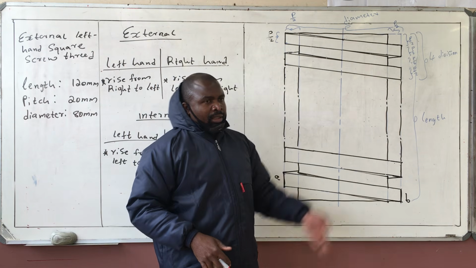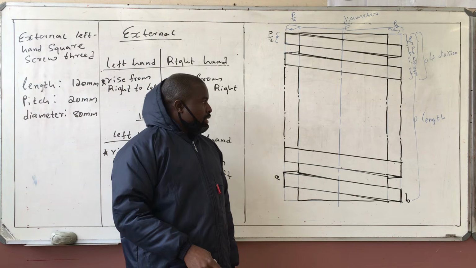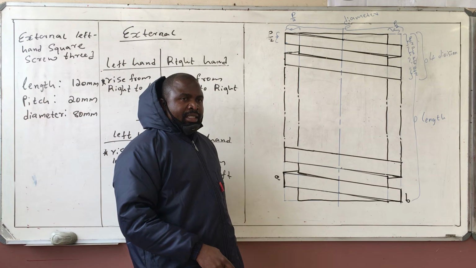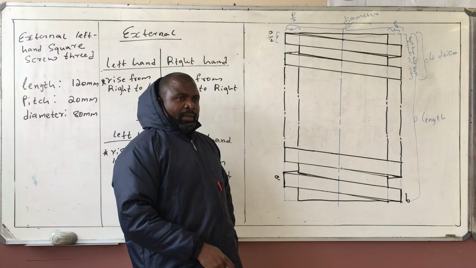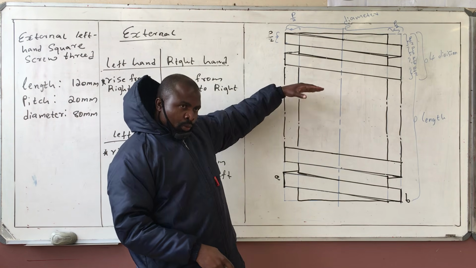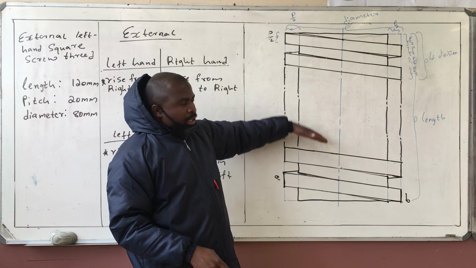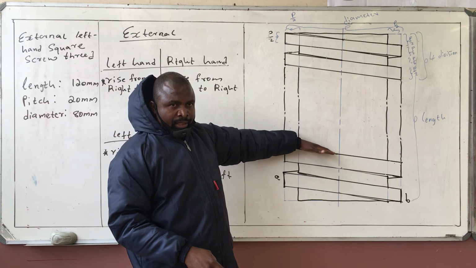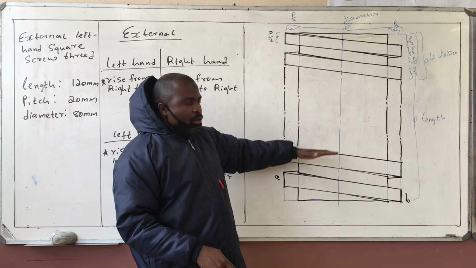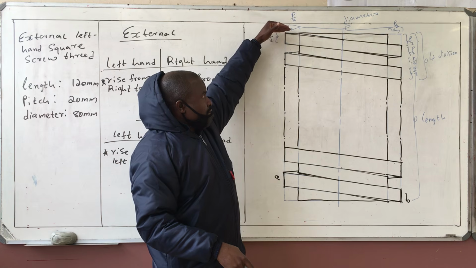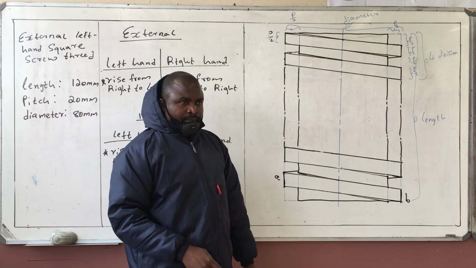The middle one was already a center line. The reason you are making it center line is to show that here there are threads. You were supposed to draw threads here. The question wants you to draw threads from this end up until the other end.